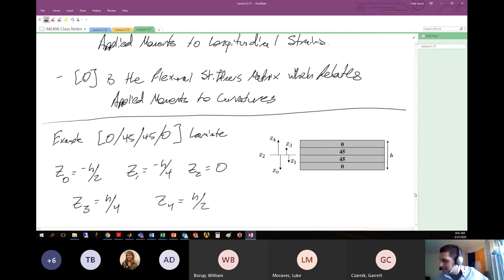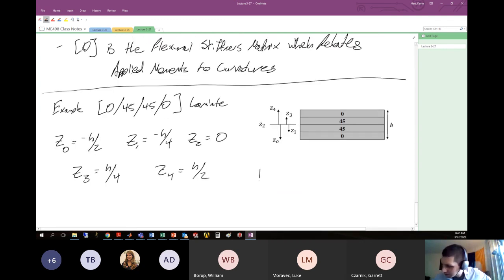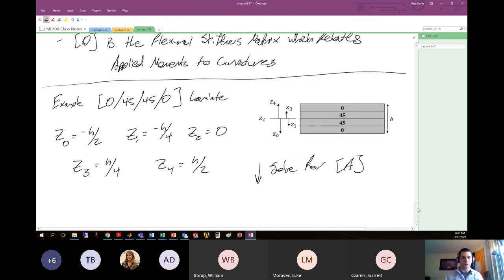stack. All right, so what we're going to do then is solve first for generally the A matrix, or what the A matrix might look like. We'll walk through this slowly so you get a concrete idea of what this A matrix actually is.